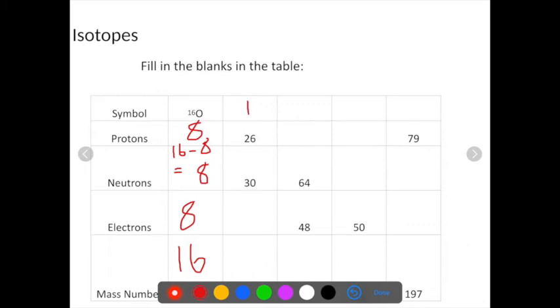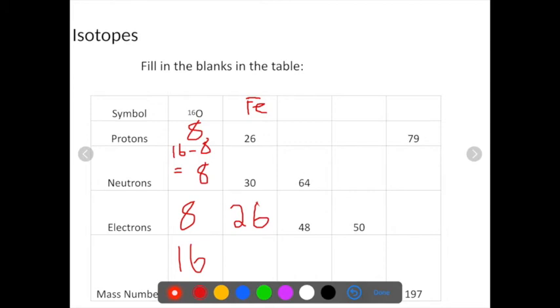The symbol for iron is Fe. Let's hop down to electrons. It's going to be a neutral atom, so we have the same number of electrons as protons. We're just going to rewrite 26 there.